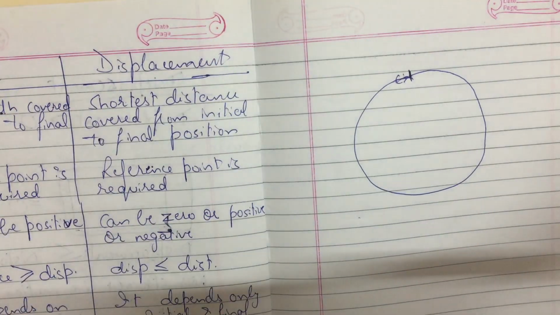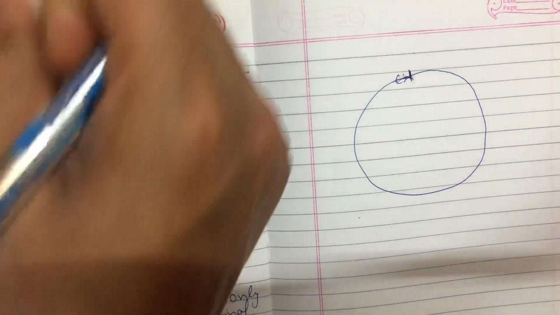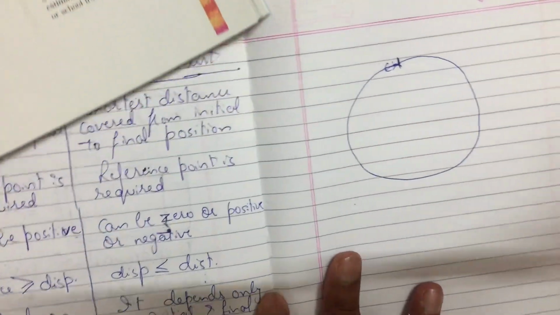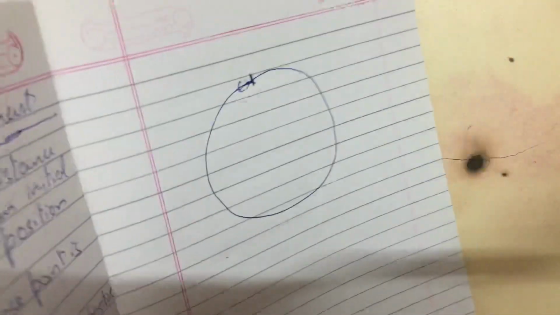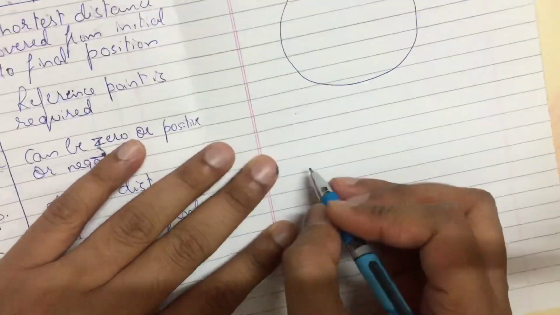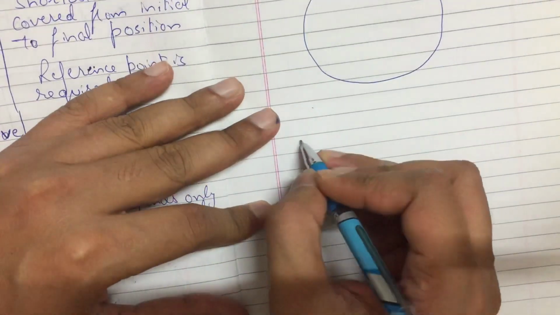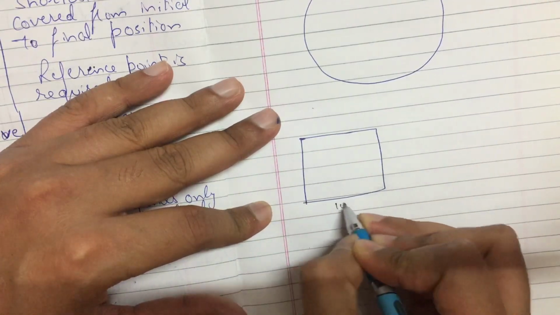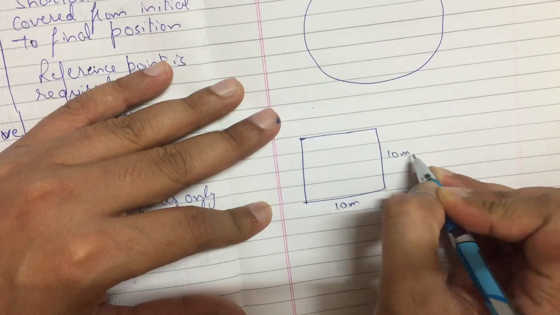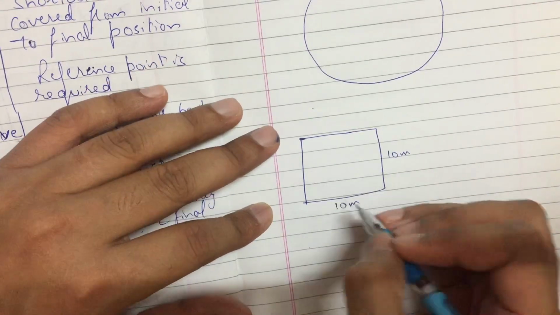The second question is: a farmer moves along the boundary of a square of side 10 meter in 40 seconds. Suppose there is a square garden of side 10 meter, and a farmer starts moving around it.